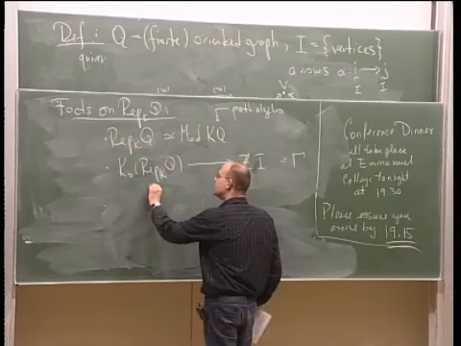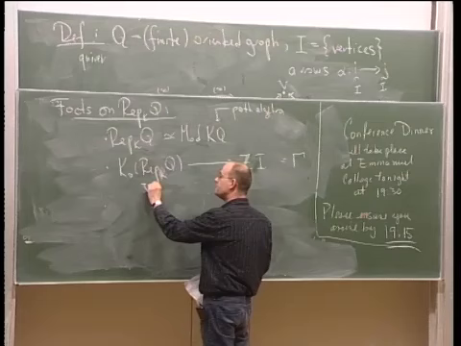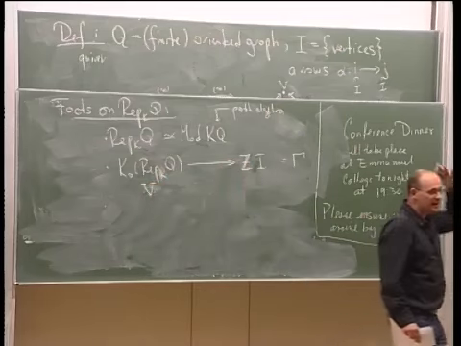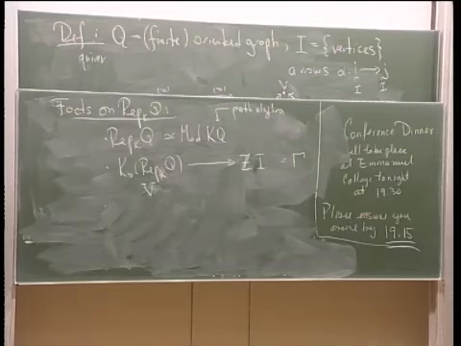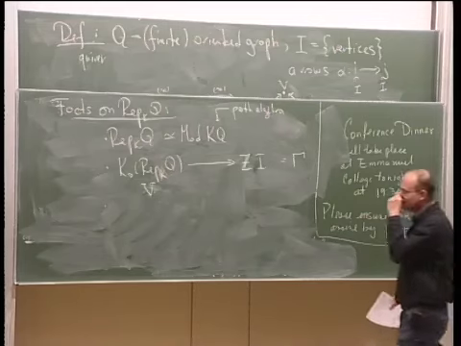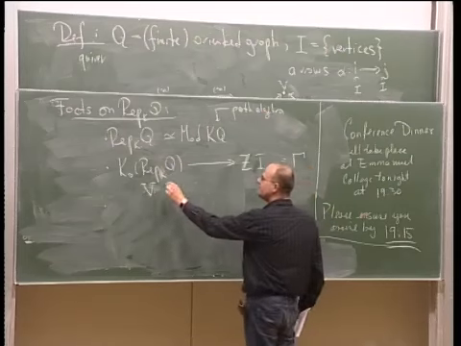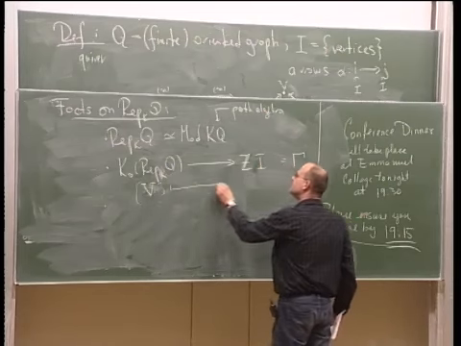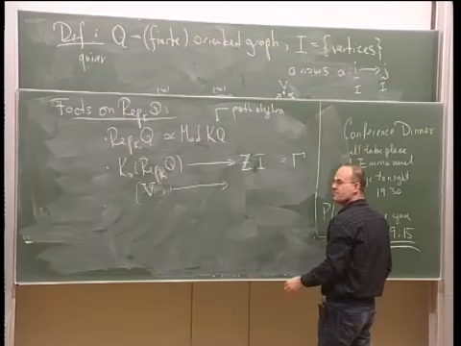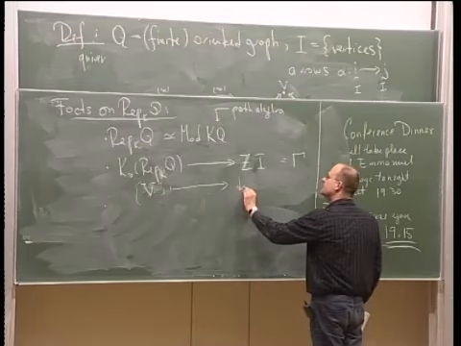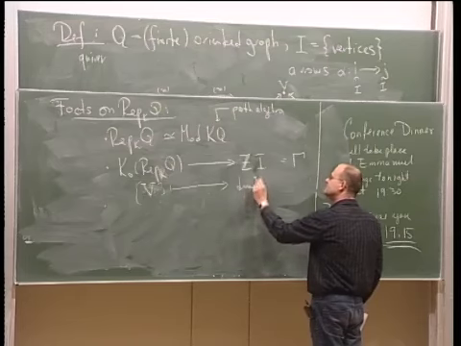The Grothendieck group, again, is defined by considering isomorphism classes of representations and modding out by exact sequences. We have an abelian category, so we have short exact sequences. And if you mod out by short exact sequences, then the following map is well defined. You map V to its dimension vector.